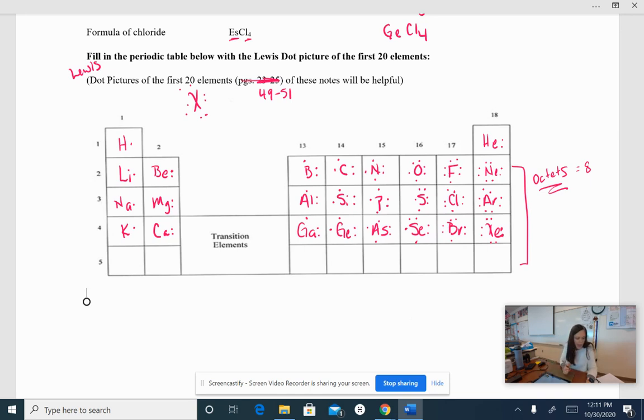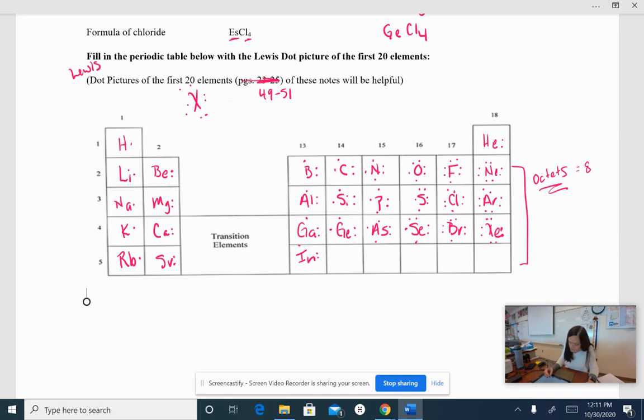Okay. And then last but not least, we're going to go one under potassium. We've got rubidium. We have 1 valence electron. Strontium with 2. And we're going to skip over the transition metals. Underneath gallium, we have indium, which has 3.